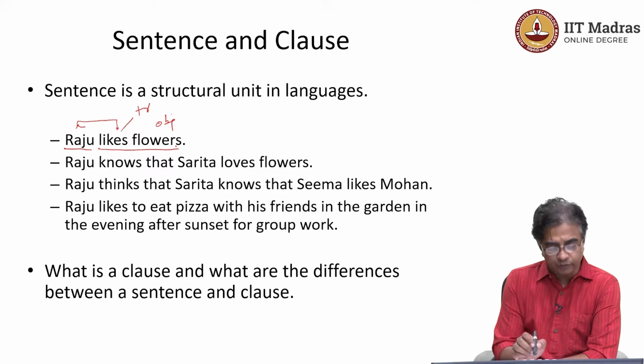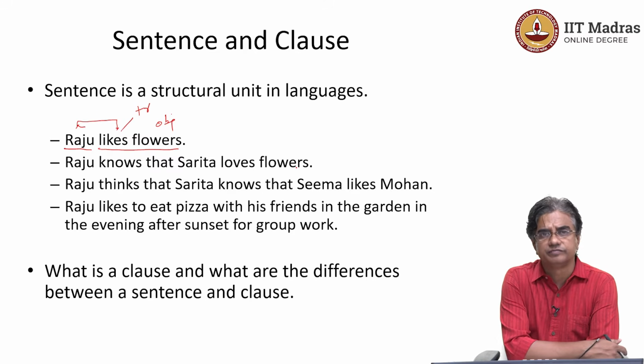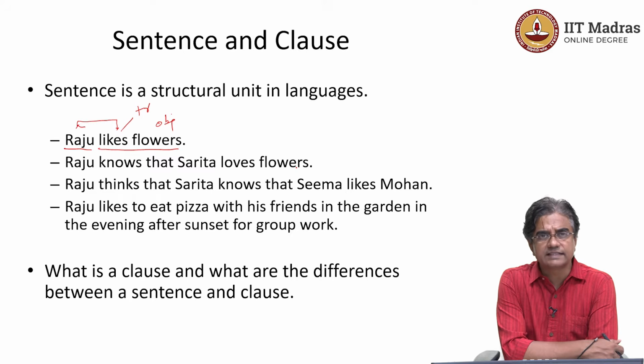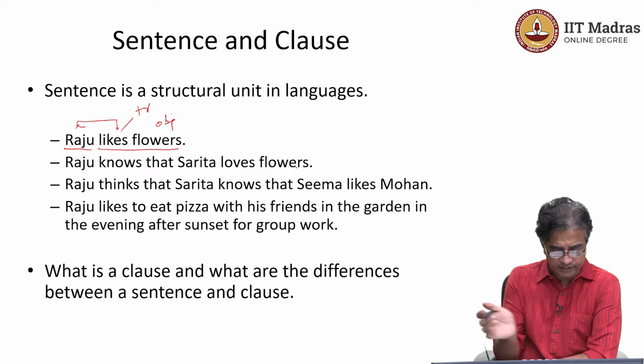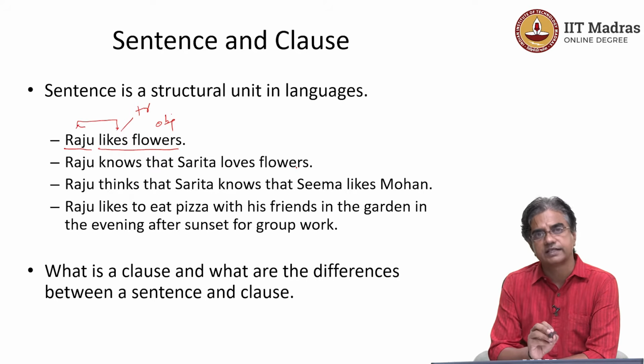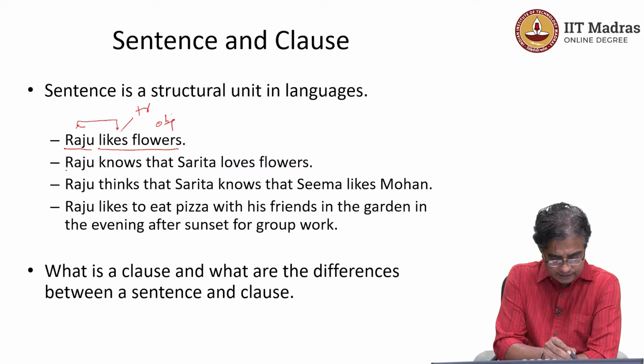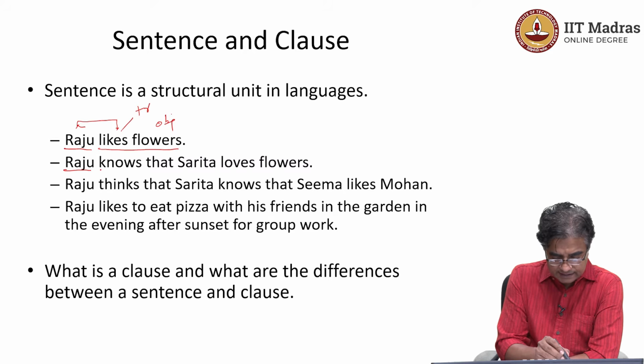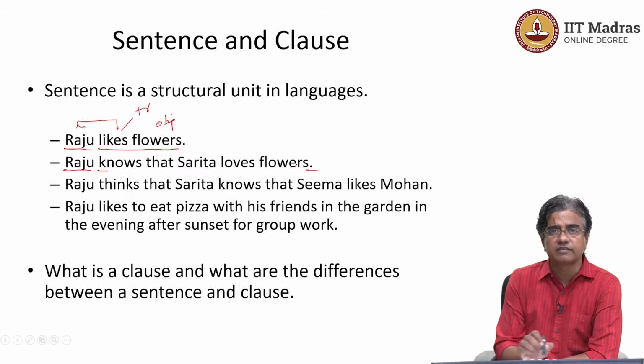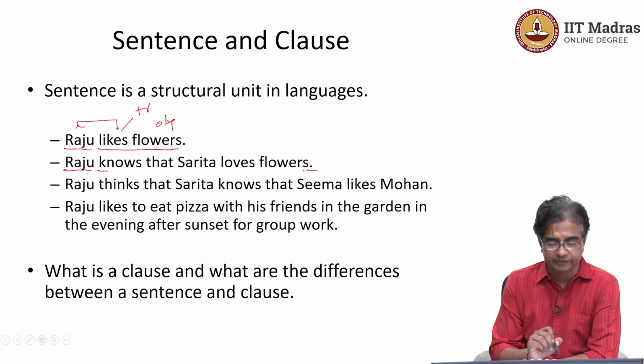When we look at the other one, Raju knows that Sarita loves flowers. Is this a sentence? Let's apply the same thing and see. Yes, Raju is the subject of this sentence, and then everything else in the sentence, beginning from knows to flowers, that is, knows that Sarita loves flowers, is part of the predicate.